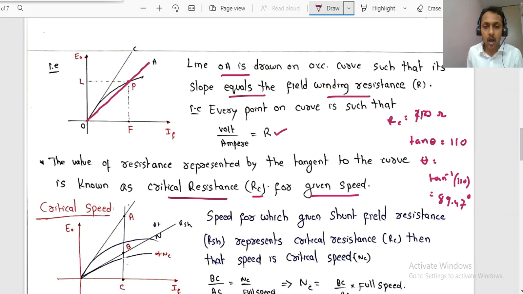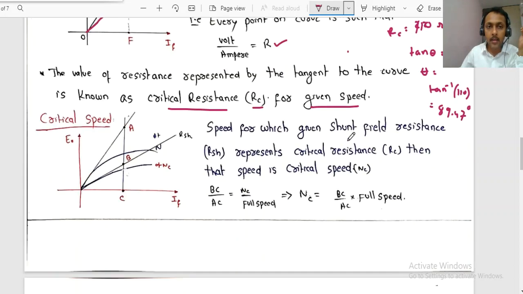That critical resistance is represented with the letter RC. Now what about critical speed? One more important parameter comes into the picture, that is the critical speed. It is the speed for which the shunt field resistance RSH represents the critical resistance. That means that line should become the tangent to the curve. Then that speed is called the critical speed NC.